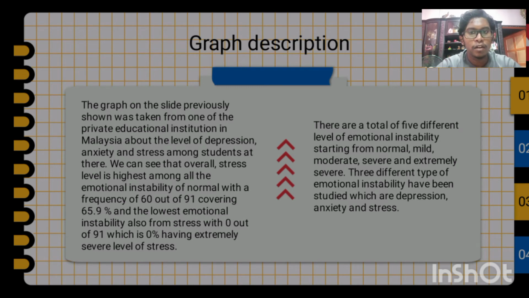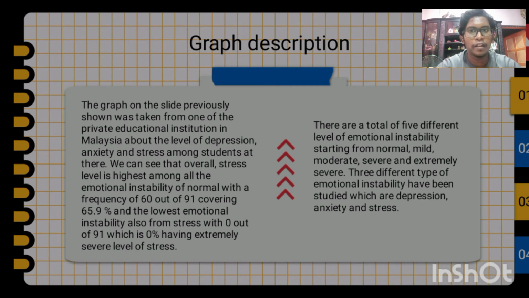We can see that the overall stress level is the highest among emotional instability of normal, with a frequency of 60 out of 91 students, covering a total of 65.9%, and the lowest emotional instability also comes from stress, with 0 out of 91 students, which is equivalent to 0% having extremely severe level of stress.